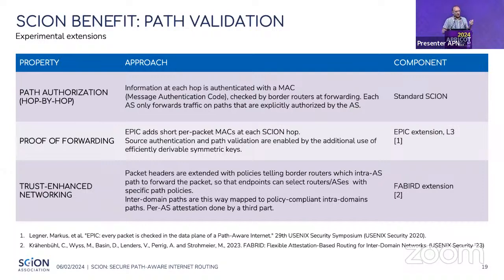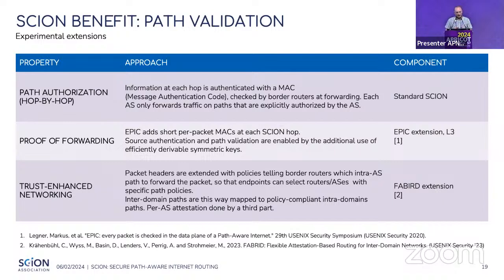So there are some other benefits. This is already implemented: there is the path authorization, so the hop-by-hop authorization. There are some extensions underway, so there'll be proof of forwarding, so cryptographic proof of forwarding. This is something called EPIC. It's not in the commercial implementation at the moment, but this is being worked on.